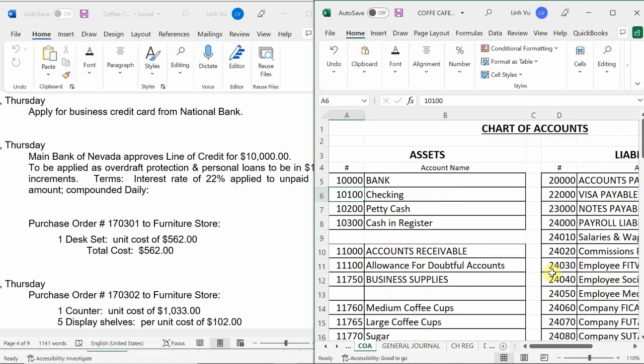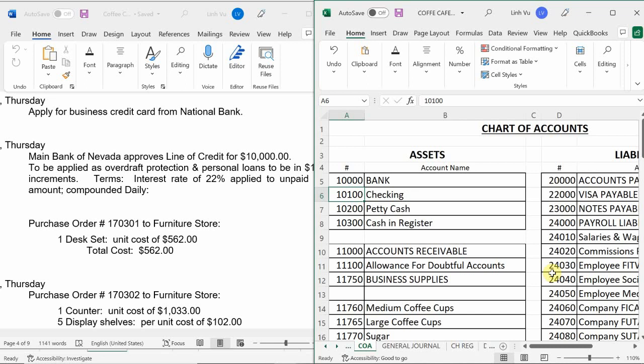Let's think for a minute, okay? I issued a purchase order to furniture store. Let me ask you two questions. First off, did I receive my desk set? Did I issue a check or receive a bill for this desk set?